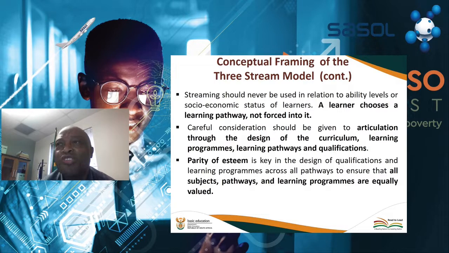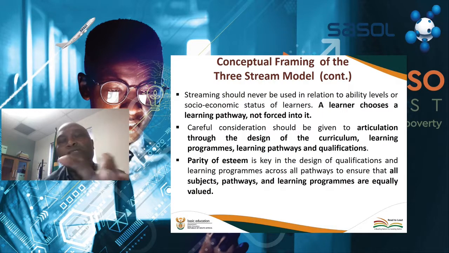Careful consideration should be given to articulation through the design of the curriculum, learning programs, learning pathways, and qualifications. Parity of esteem is key in the design of qualifications and learning programs across all pathways to ensure that all subjects, pathways, and learning programs are equally valued.